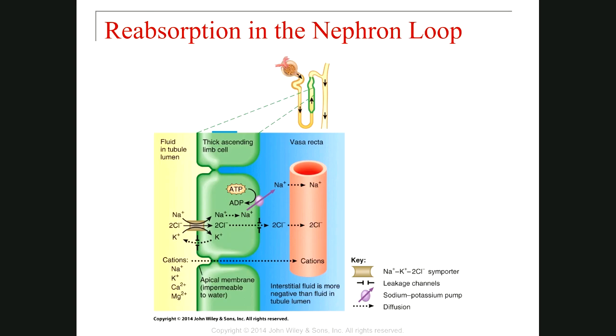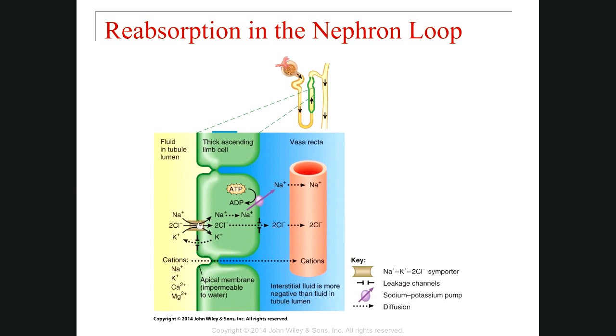In this picture, you can see the loop of Henle or nephron loop. In the apical border of the cells, in the thick segment of this nephron loop, we have a protein which we call the sodium potassium chloride symporter.